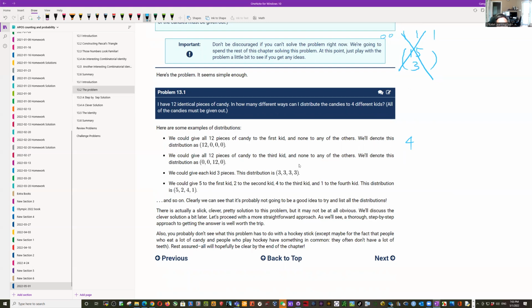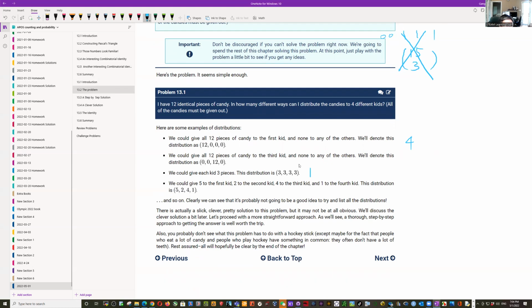So basically, we could give each kid 3 pieces. So that's one way. And we can give 5 to the first kid, 4 to the second, 2 to the third, and 1 to the fourth. So it's 5, 4, 2, 1, which is basically a permutation.